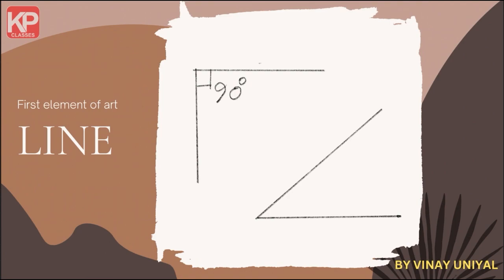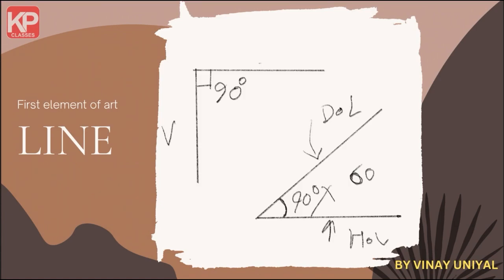If this angle is not 90 degree, it can be 60, 55, whatever it may be. If it is not 90 degree, then this upper line is known as a diagonal line and this will remain the same, which is the horizontal line. But in this first picture, you can see this is a vertical line which is moving either up to down or down to up, and this upper line you see is known as a horizontal line.